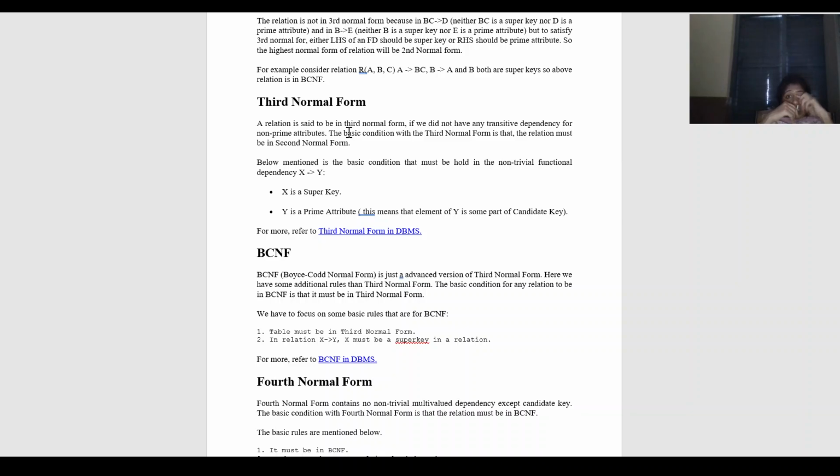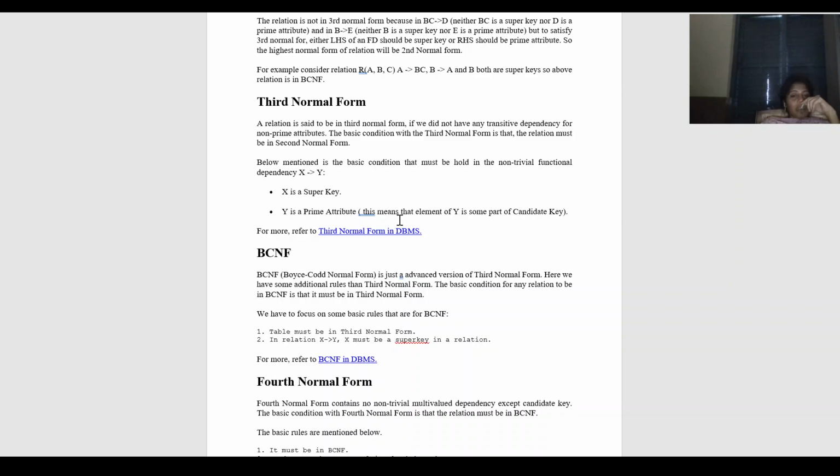The basic condition is that the relation must be in the second normal form. First it should be in the second normal form, then only we will convert it into the third normal form. See here, X is a super key and Y is a prime attribute. This means that the element of Y is part of the candidate key. This is about the third normal form.